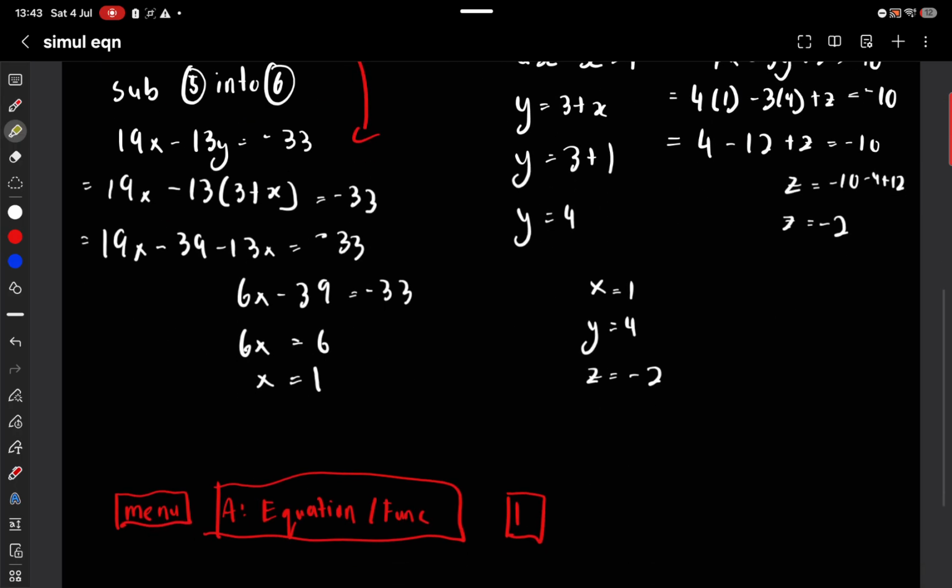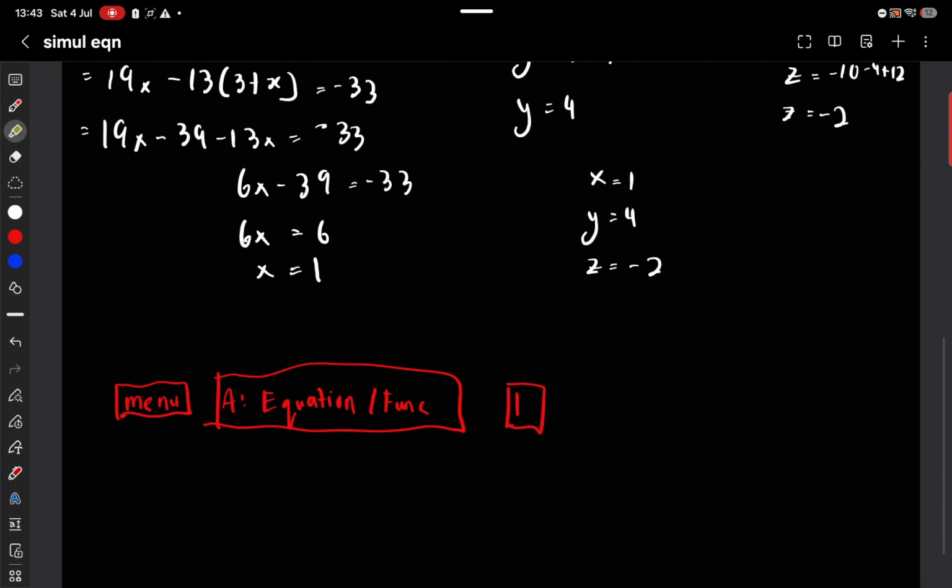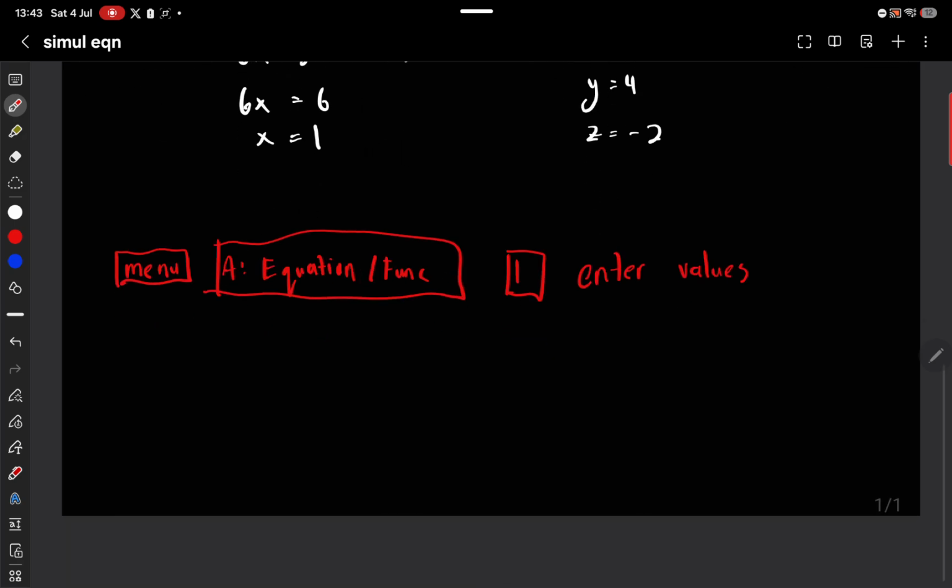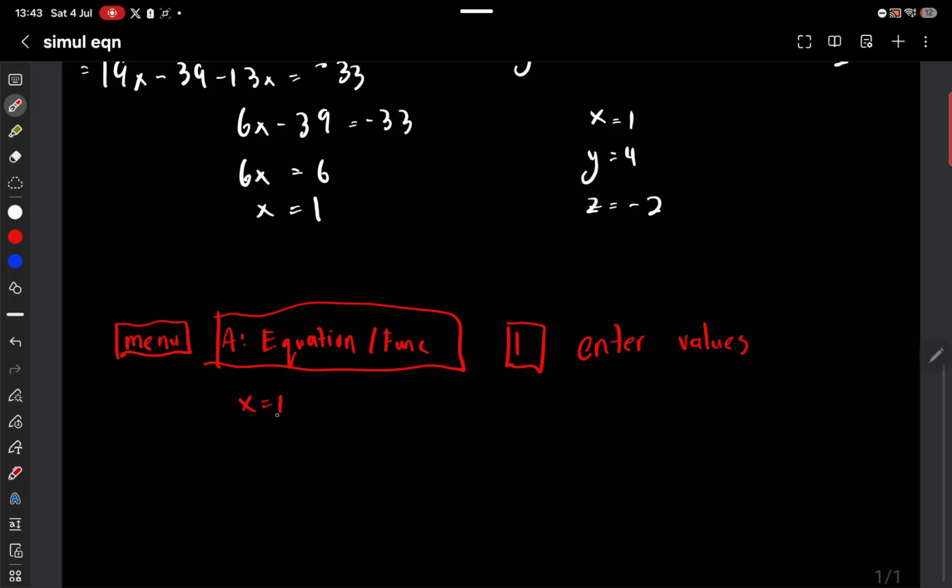So when you enter these equations to your calculator, you're just gonna press enter values, and then you'll get your x equals to 1, y equals to 4, and z equals to negative 2.